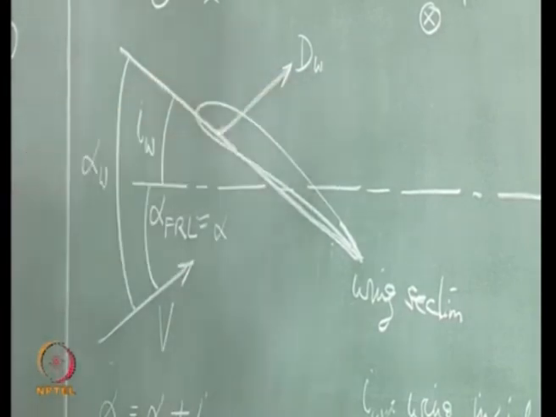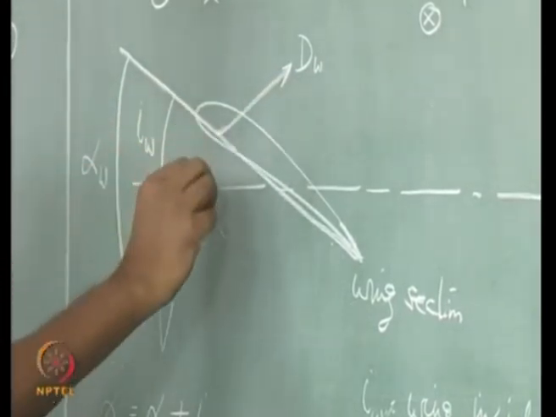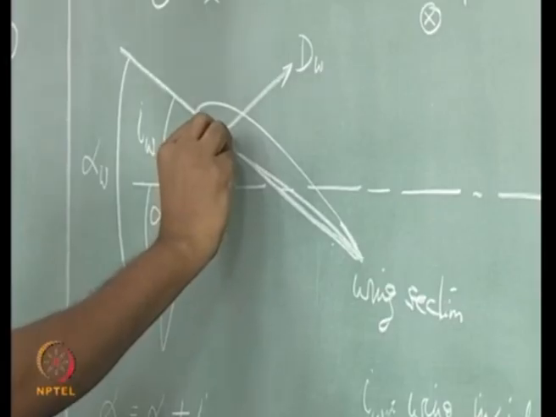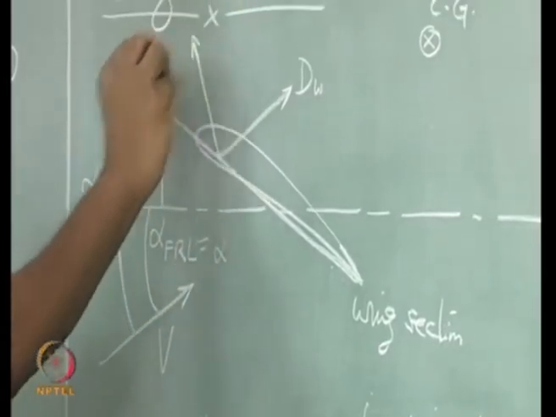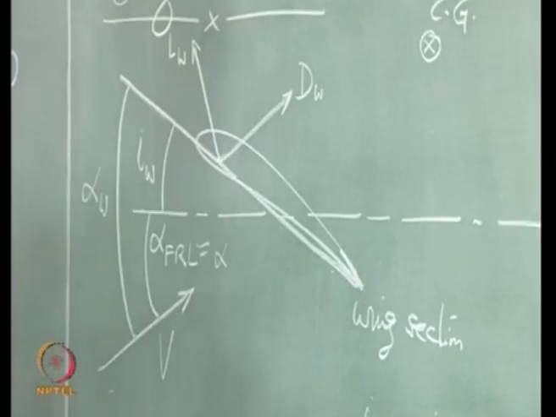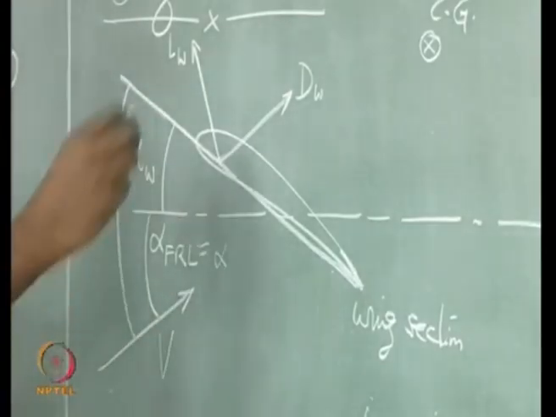DW is the drag due to the wing, and LW is the lift created at the wing.